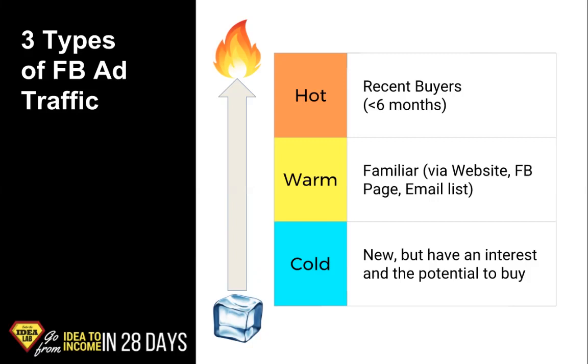Now, with warm traffic, we're going to be sending different types of ads. And hopefully we can convert that warm traffic into hot traffic. And what is hot traffic? Hot traffic is basically those people who have recently purchased from you. They've either bought your product or your service. So why I'm sharing this with you is because you cannot have a single strategy for all three types of traffic.